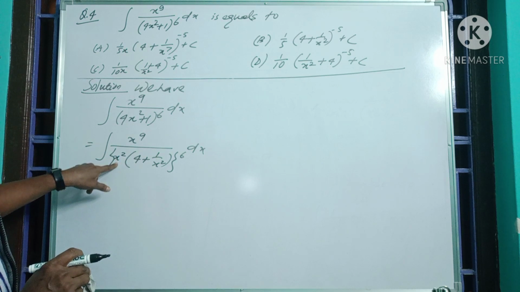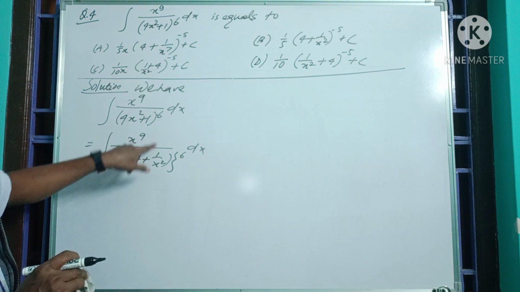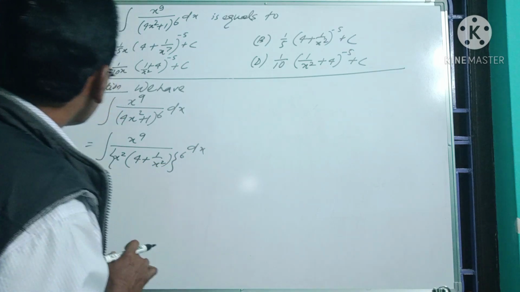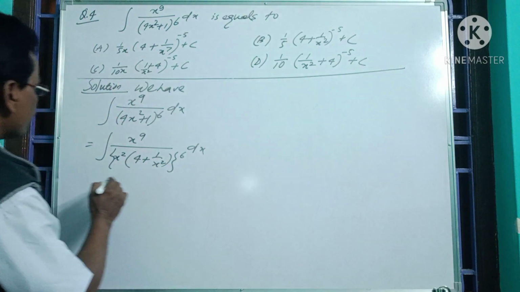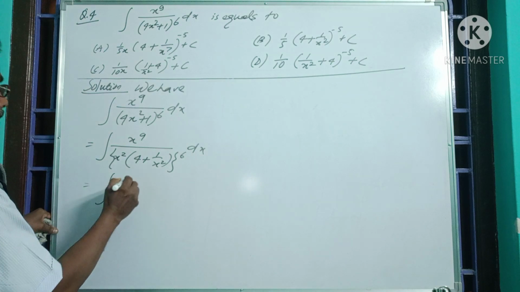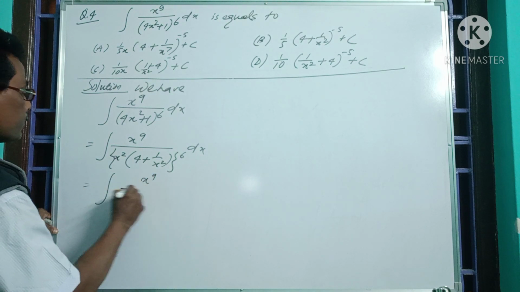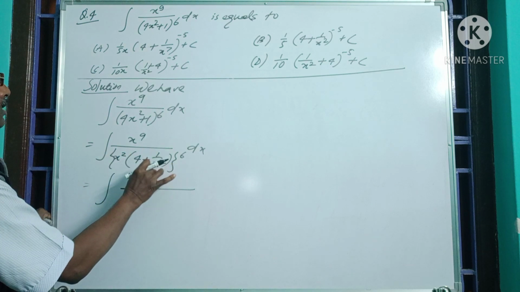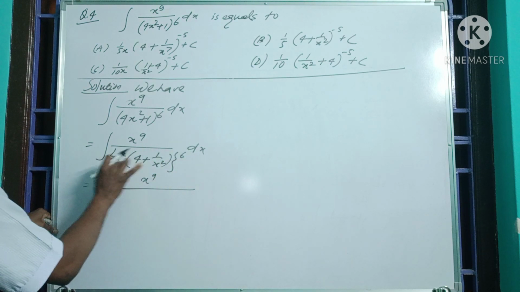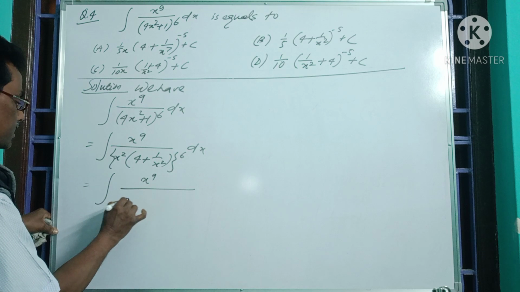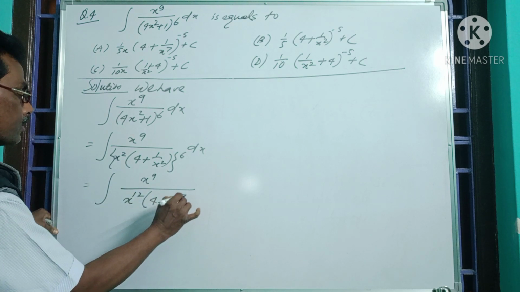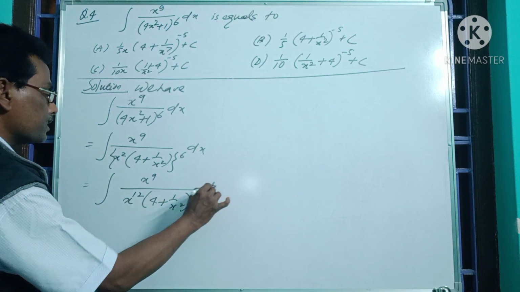So we have (x square) whole into (4 plus 1 by x square) whole to the power 6, integration with respect to x. So again simplifying, we have integration of x to the power 9 by x square into (4 plus 1 by x square) to the power 6. Now x square to the power 6 can be expressed as x to the power 12 into (4 plus 1 by x square) to the power 6, integration with respect to x.